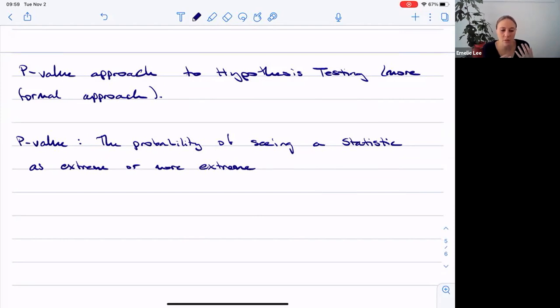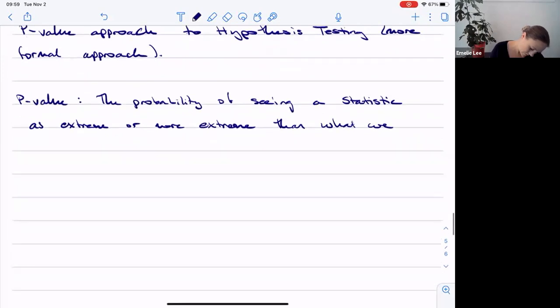So going back to that little caveat, we actually do all our testing assuming the null hypothesis is true until we see that this is pretty extreme compared to what I thought was going on, right? And then that gives me enough evidence to reject H naught. So it's the probability of seeing something as extreme or more extreme than what we saw, assuming H naught is true.